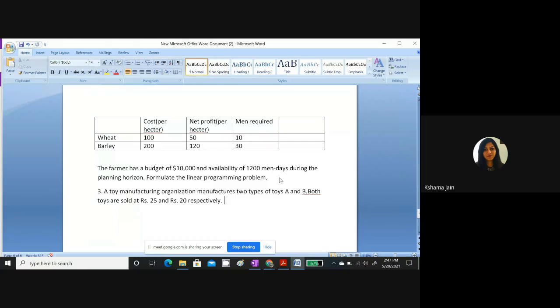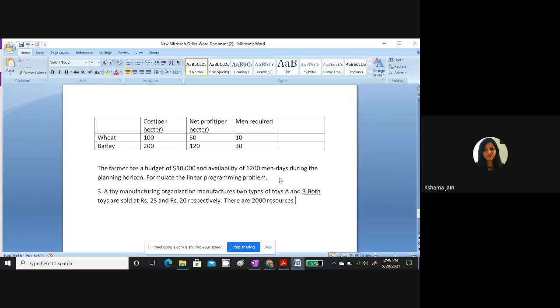There are 2000 resource units available every day.